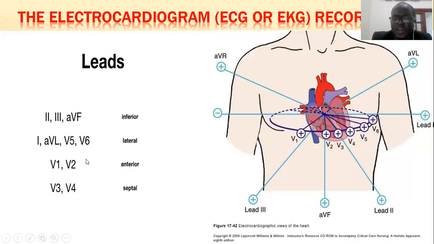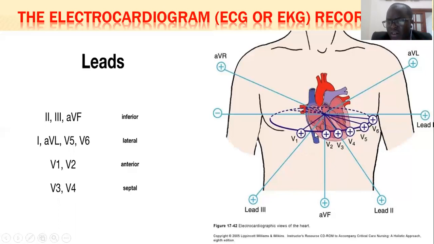You don't need to memorize this table down here. You just need to look at this diagram. So you have lead 2, lead 3, and AVF. What are they looking at? They're looking at the inferior aspect of the heart, the bottom of the heart here.